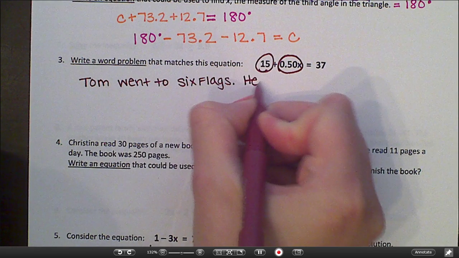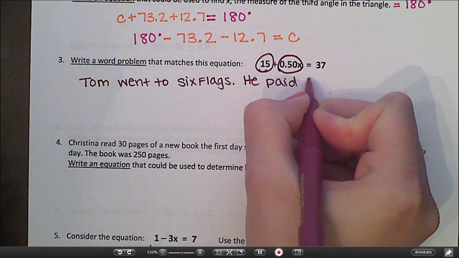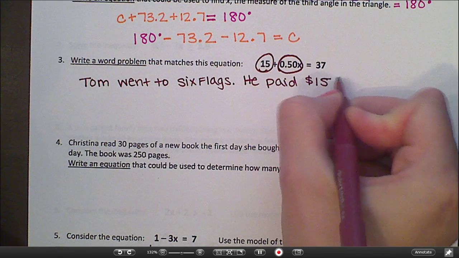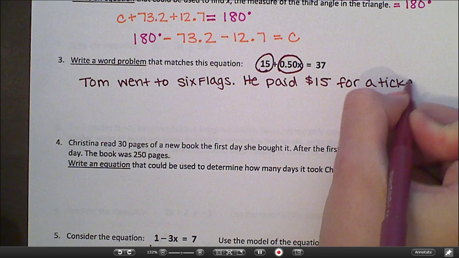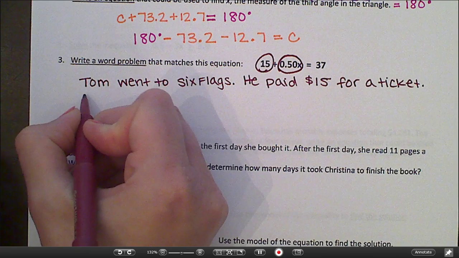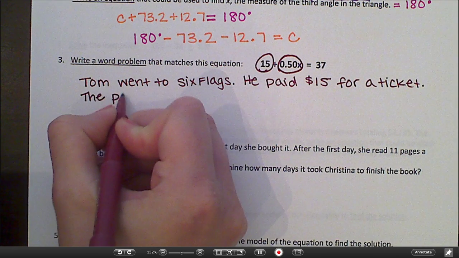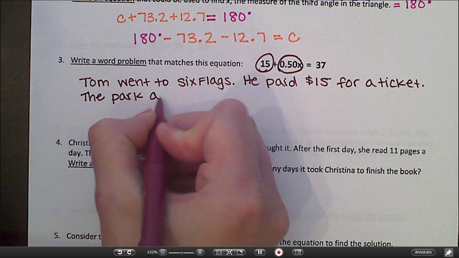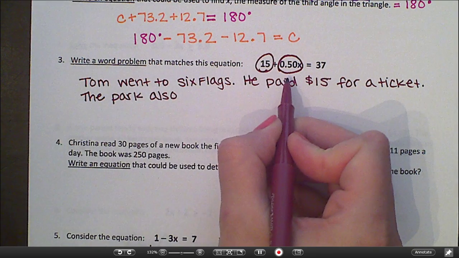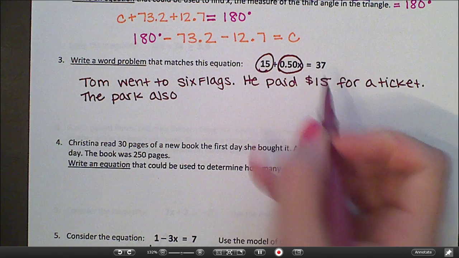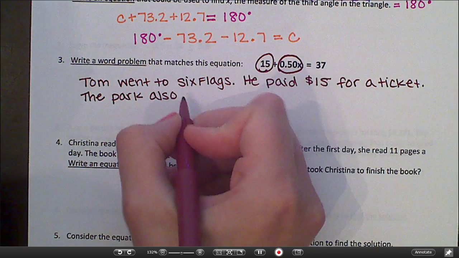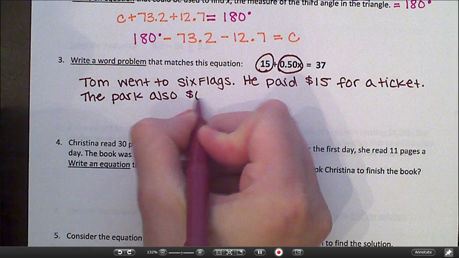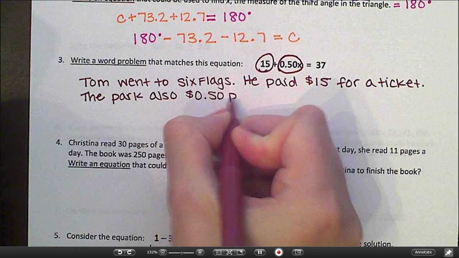He paid $15 for a ticket. The park also charges 50 cents per ride. So the $15 for a ticket was whether he rode any rides or not. But it's also going to charge him 50 cents per ride.